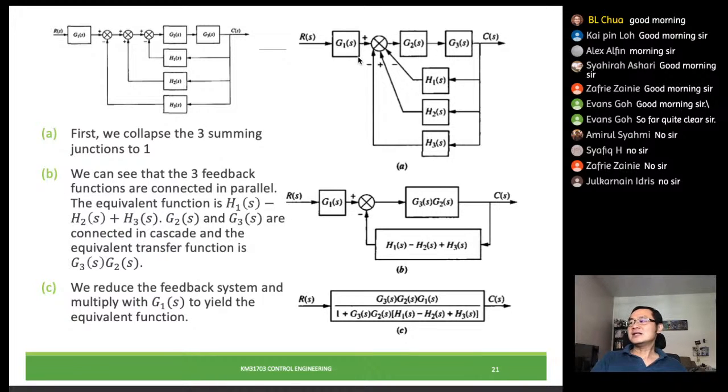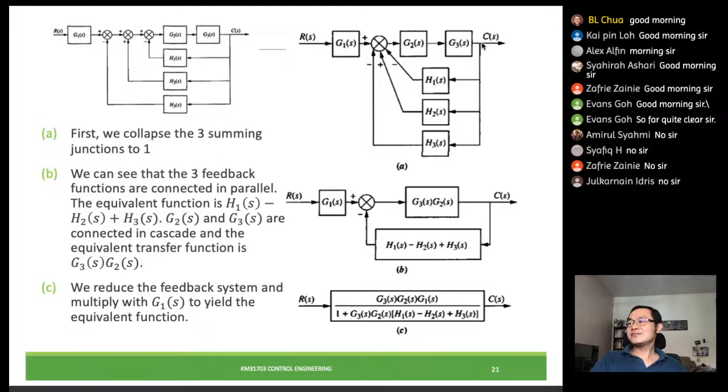So next what we can see is that here is a series form. We can cascade these 2 together into G3 G2, combine them together. Same thing here. Now because this is going through one point reaching out to the summing junctions, same thing branching out from this point going through H2 and to the same point again, reaching out to the same summing junction.